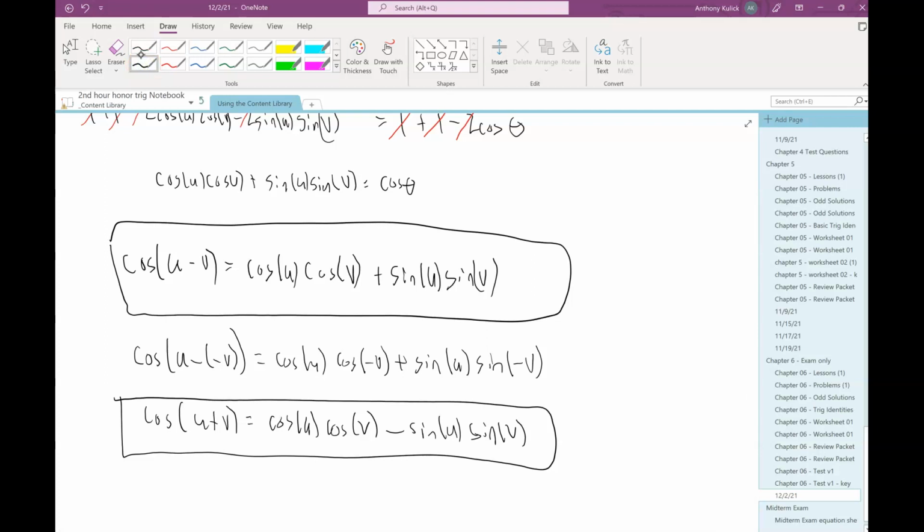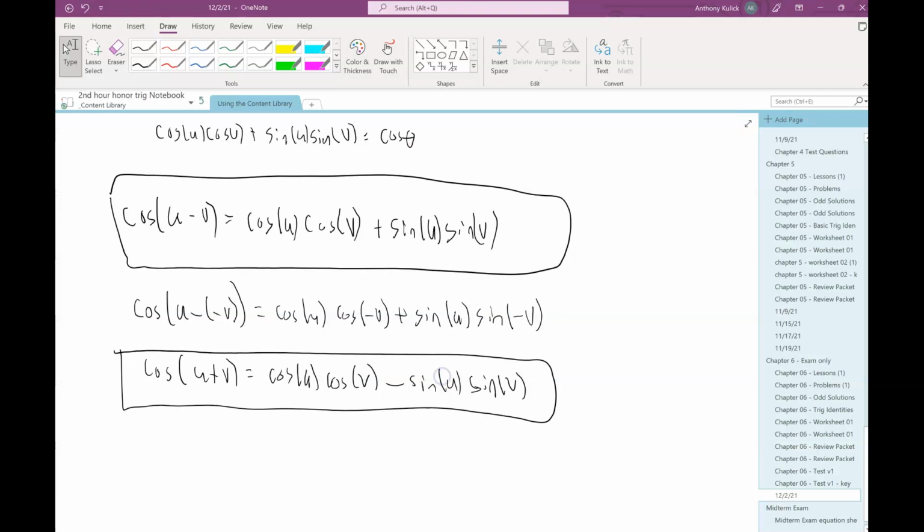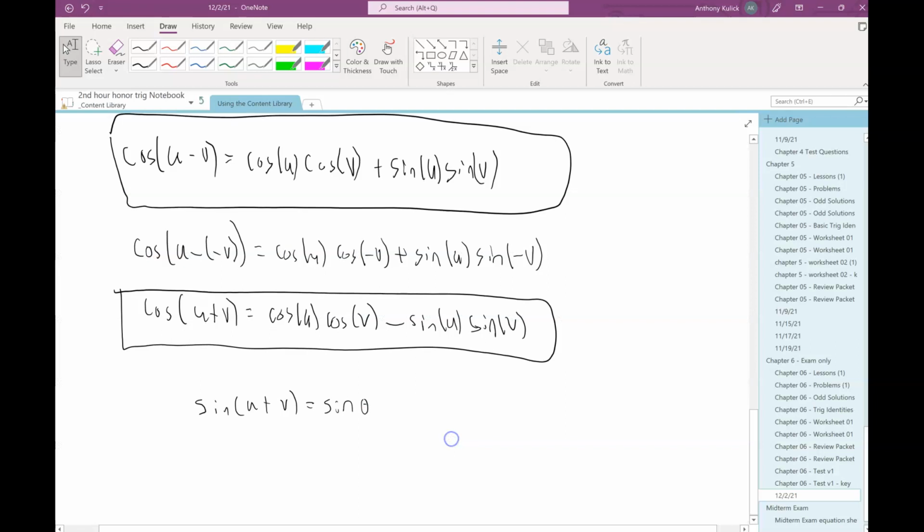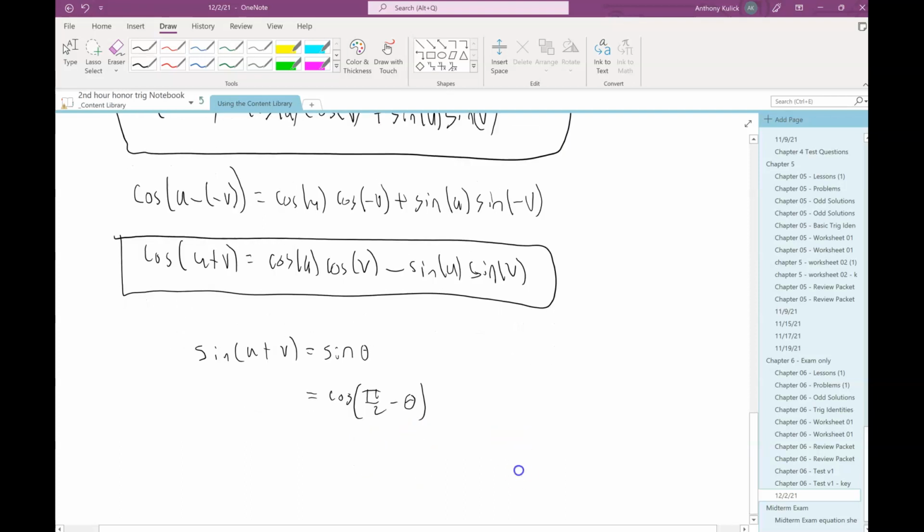How do I do this for sine? Well, let's say sine of u plus v is equal to sine theta. I'm going to use my cofunction identity to rewrite this as a cosine.